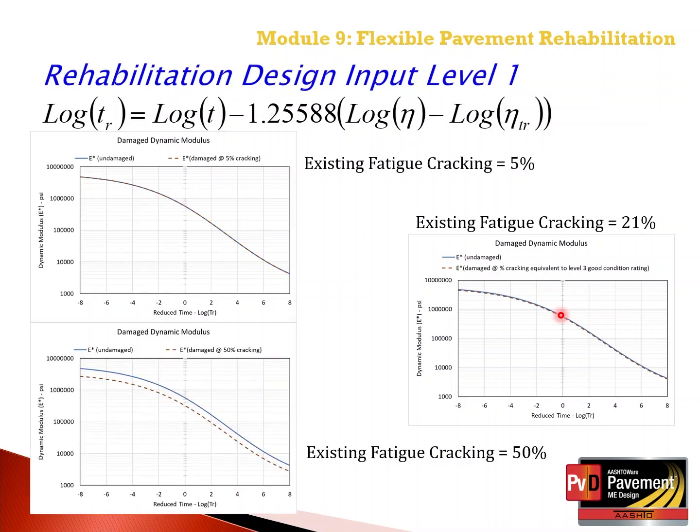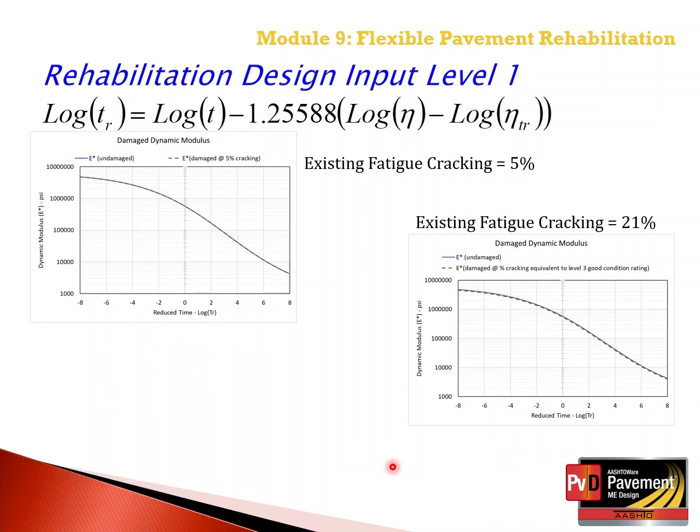And then the final graph shows the existing fatigue damage at 50%. You can start to see that there is a greater difference between the undamaged and damaged relationships. But you can see that there's not that much of a difference between the undamaged modulus and the damaged modulus that corresponds to 50% bottom-up fatigue cracking, which would be considered a lot of fatigue cracking in an existing asphalt pavement.